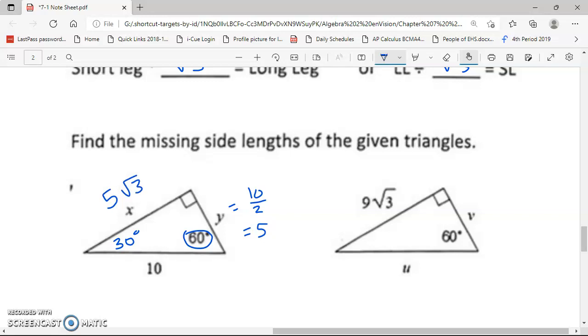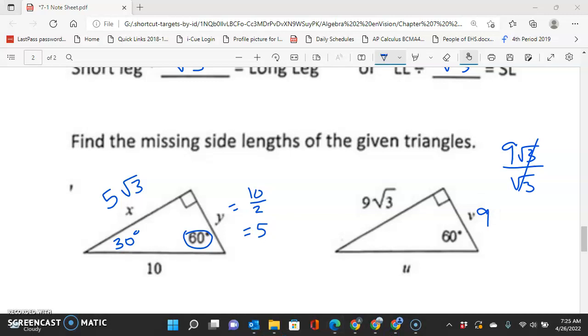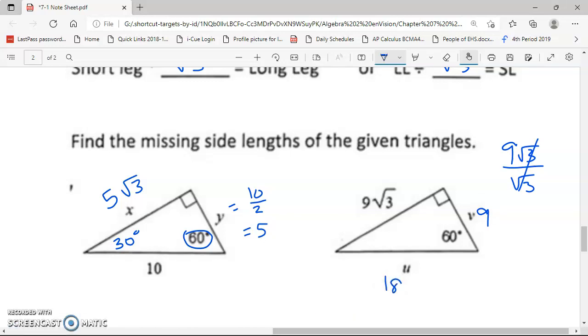All right. For the second example, we know the long leg. So if we know the long leg, we have to divide by the square root of 3. So 9 square root of 3 divided by square root of 3 would be 9. And then the hypotenuse is going to be twice as long as that, so it's going to be 18.